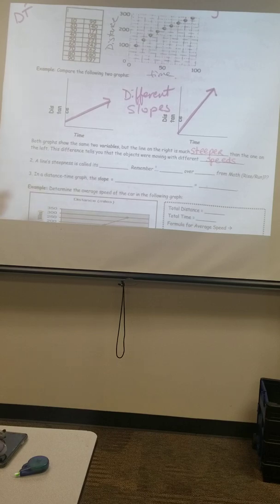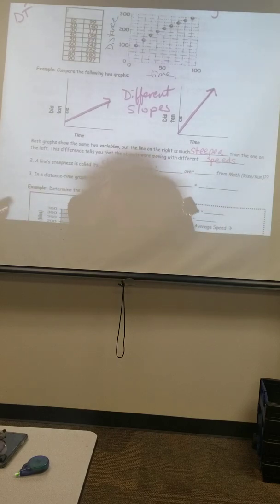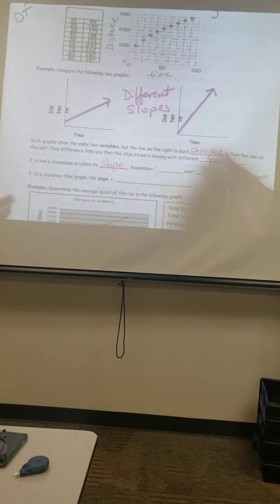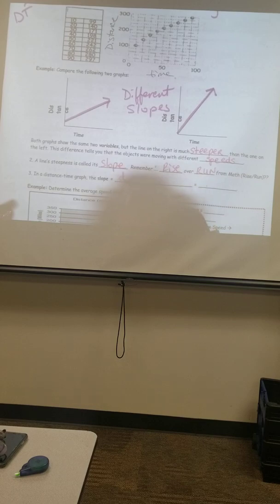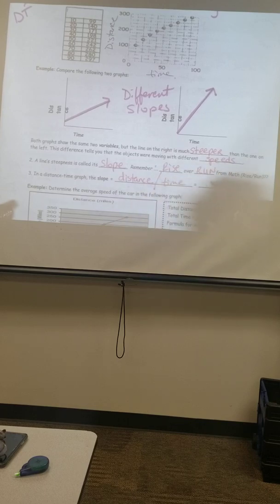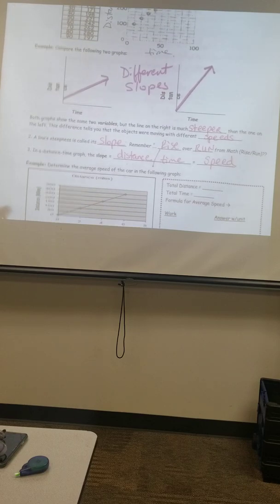A line's steepness is called its slope. Remember that rise over run? Same thing applies here. In a DT graph, that slope is the distance over the time, which correlates with the speed of that object.